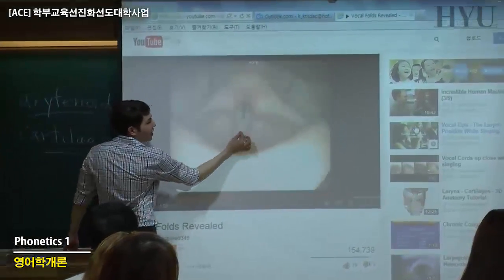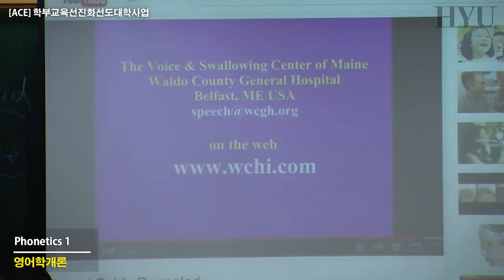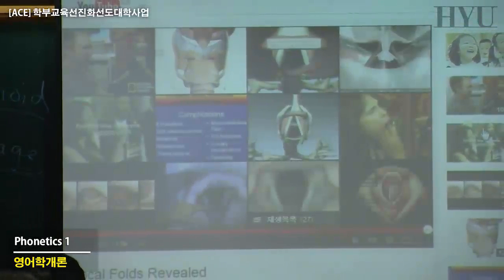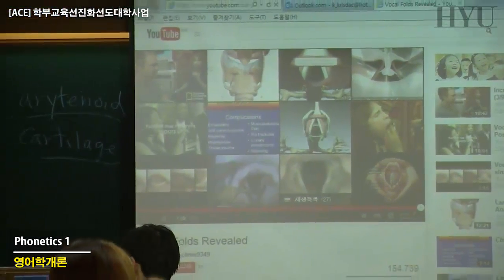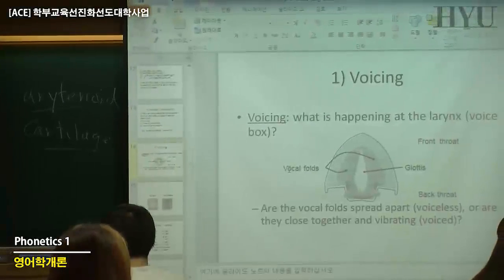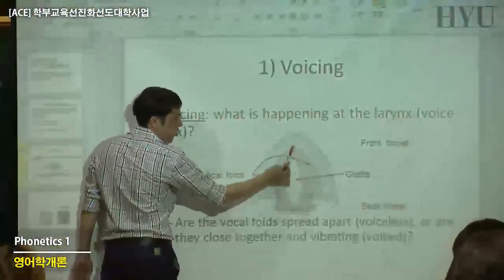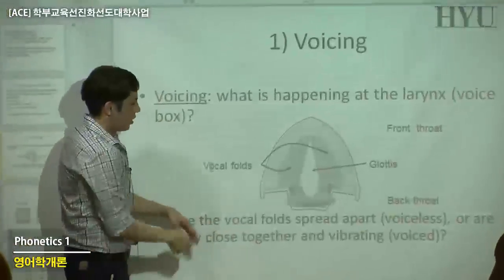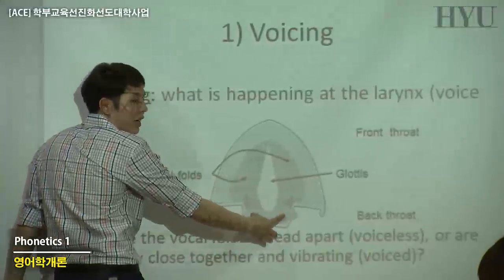So you can see that they vibrate here, right? Sometimes the vocal cords vibrate and sometimes they don't. When they vibrate, you have voice sounds. When they don't vibrate, you have the voiceless sound. So these are two vocal folds, and then you see the two triangles here, the arytenoid cartilages.